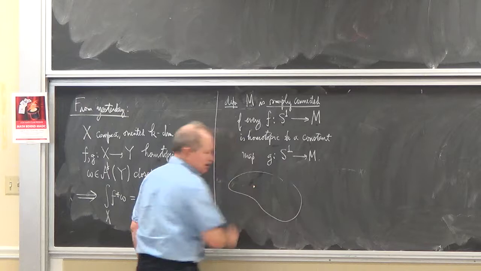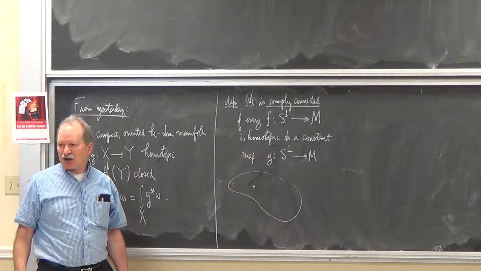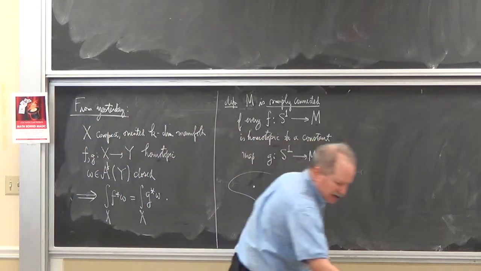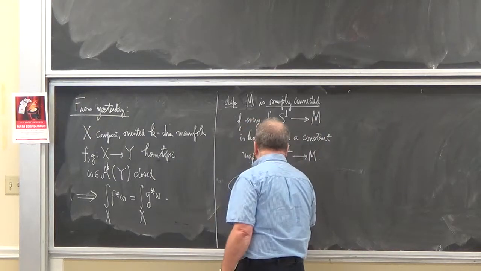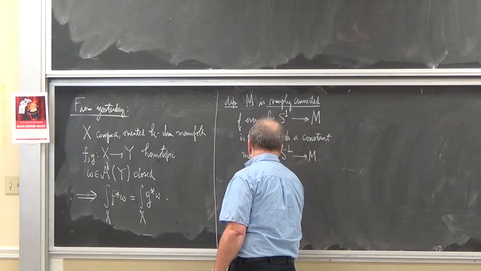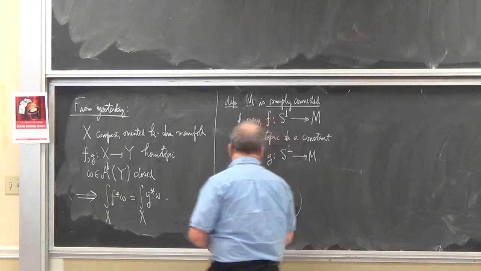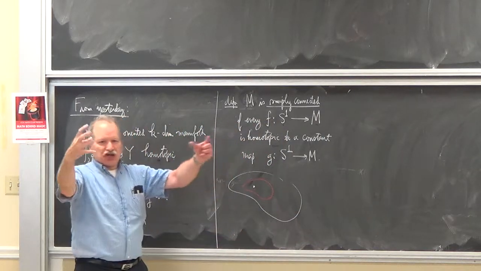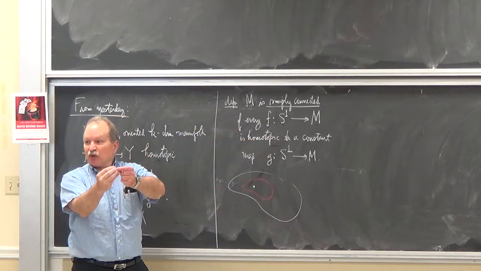A constant map just sits, doesn't go anywhere. So what am I saying? I'm saying simply connected means if I take any closed curve, I have a way of squishing it to just sitting at a point.